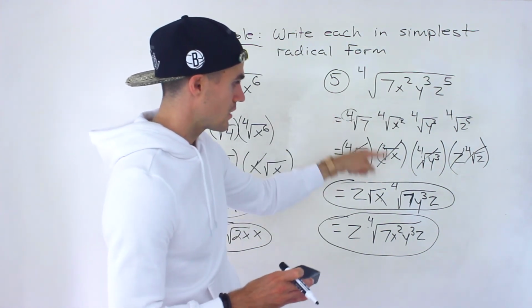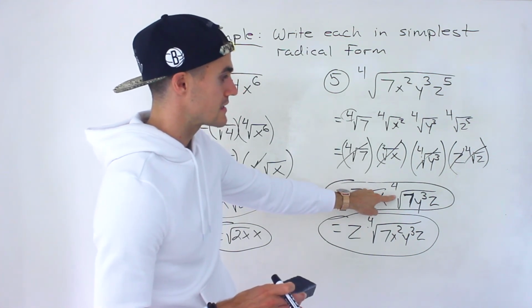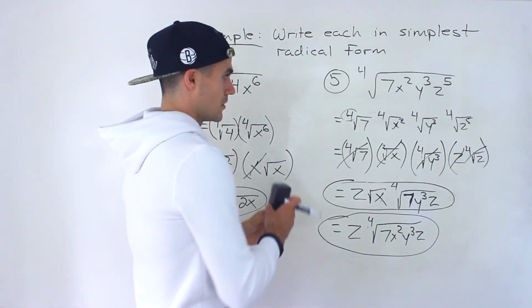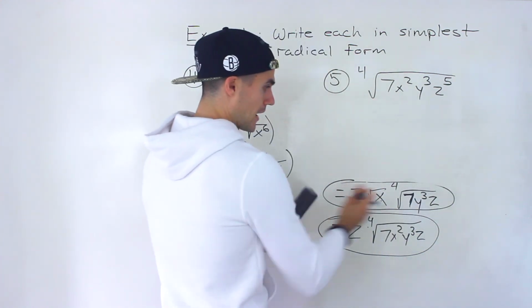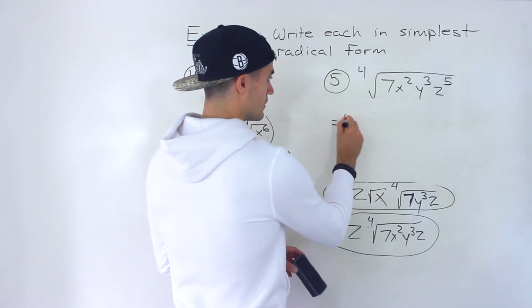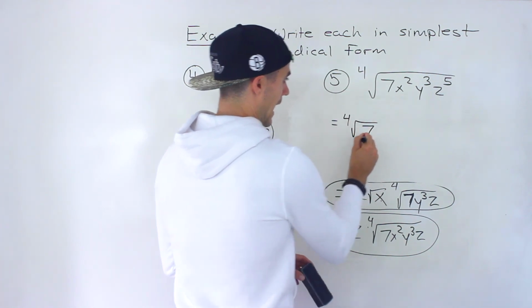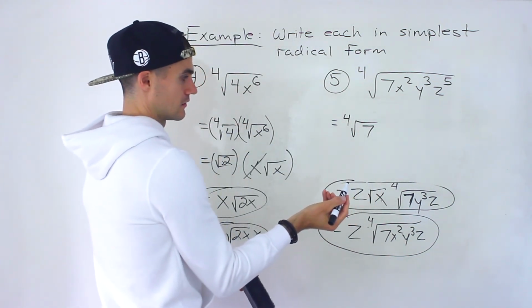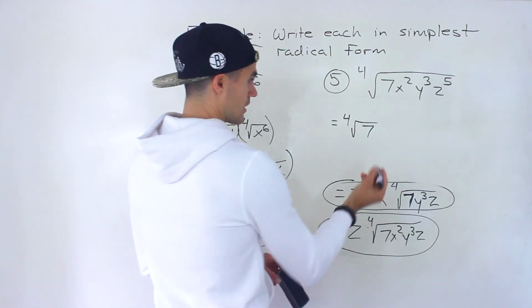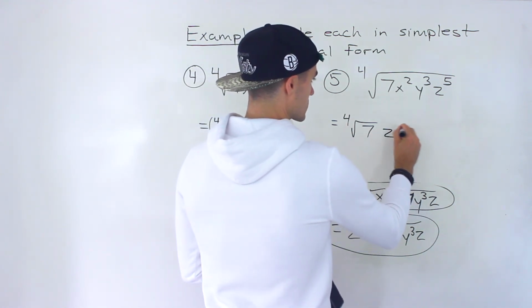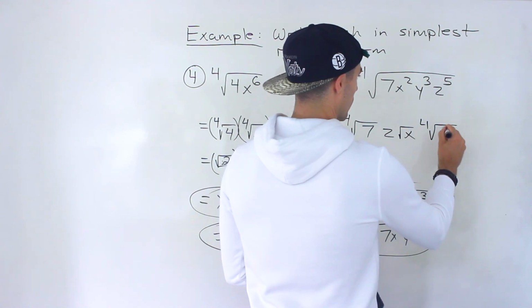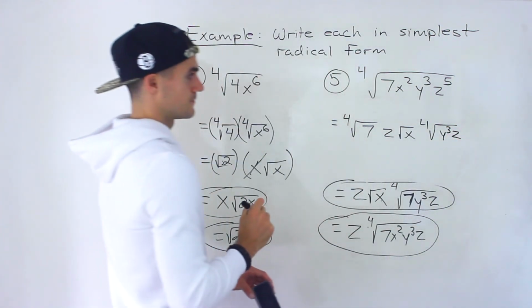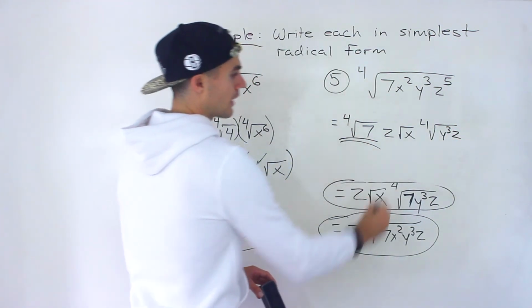If it's sharing it, you should just put it all under that same root. But again, some solutions might put this fourth root of 7 at the beginning. Okay, and then maybe have like z square root of x, and then the fourth root of y to the 3 z. Just to have a number at the beginning.